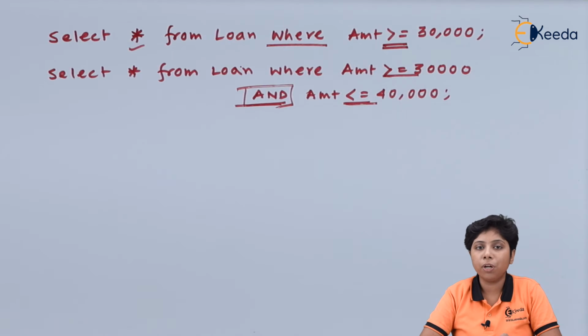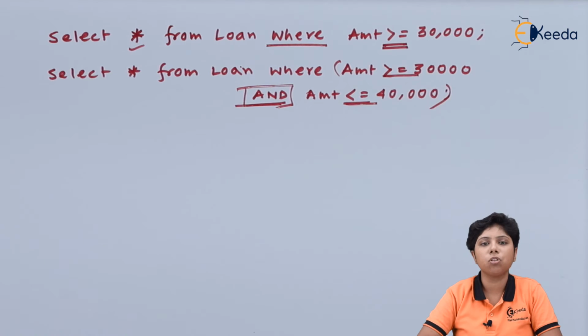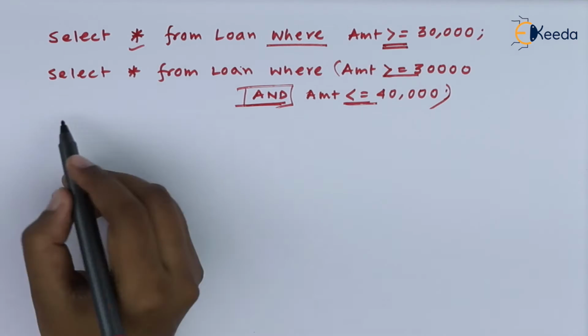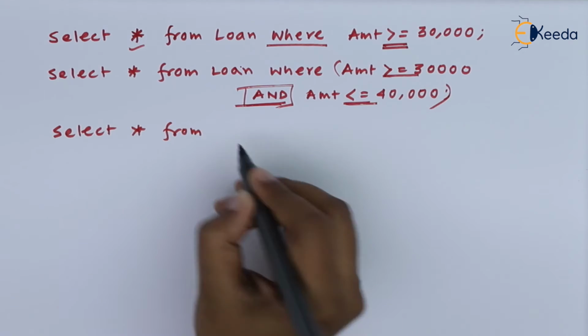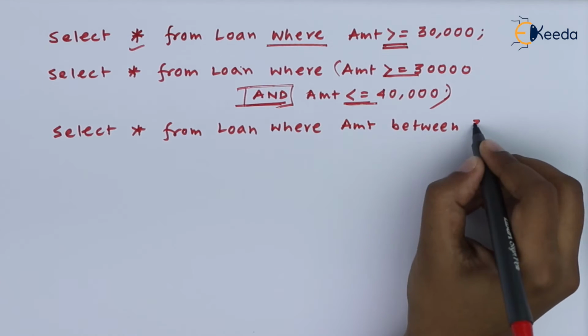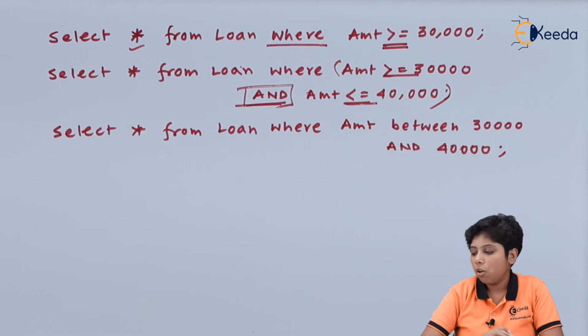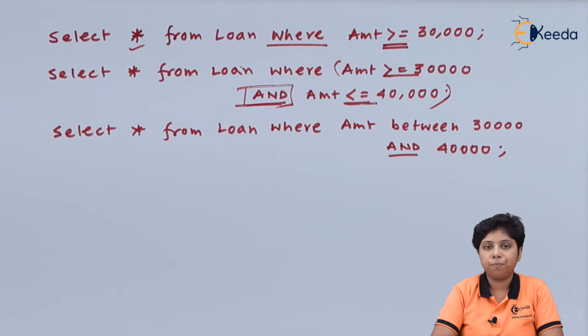So now we can rewrite it using a between command that will replace these two clauses or predicates joined by the AND clause.